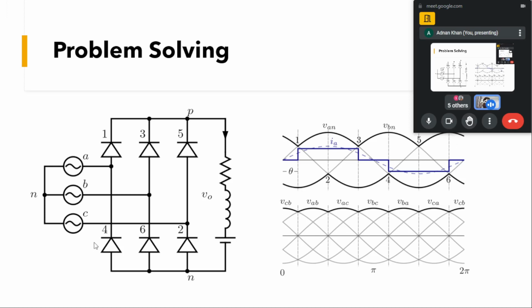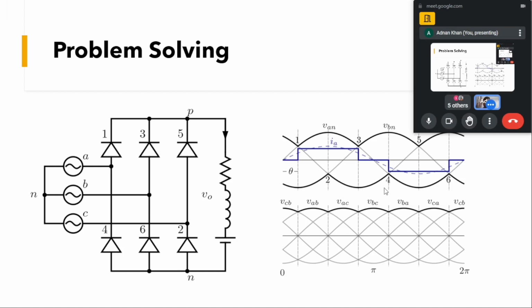Similarly we can look into the negative side, at the bottom three devices, to see which will start conducting. Here we know that in the common anode configuration, the device which has the lowest potential will start conducting. At this point 2, C has the lowest potential compared to A and B, so with the C phase connected, diode 2 will conduct.